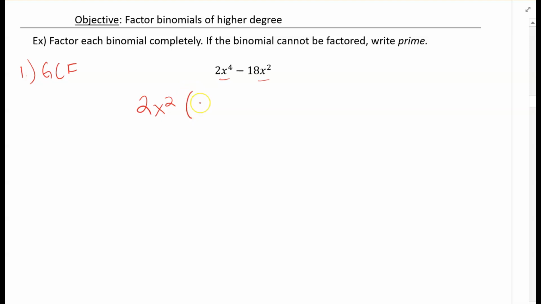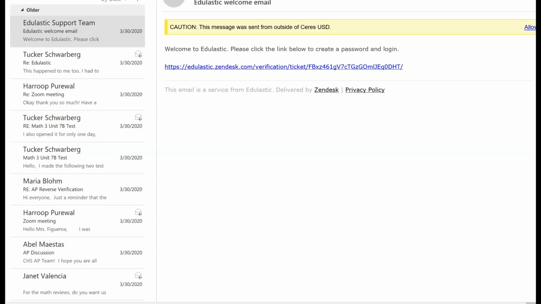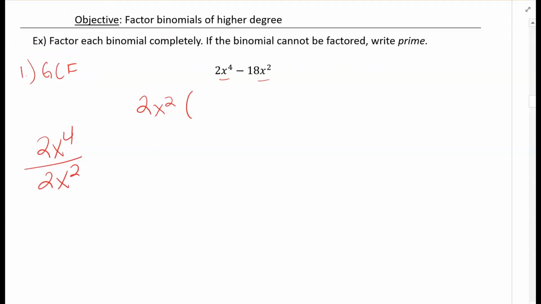And then to figure out what goes inside the parentheses, it's like you're dividing. So 2x to the 4th divided by 2x squared. The 2's would cancel. And then the x to the 4th divided by x squared, the rule is to subtract the exponents. So 4 minus 2 would give you 2. So x to the 2nd power.